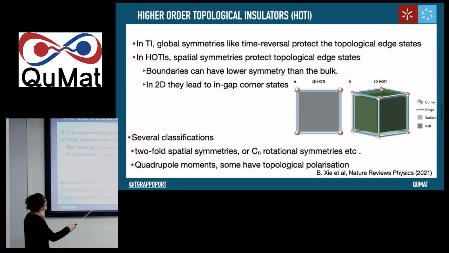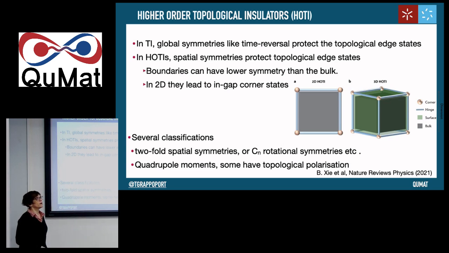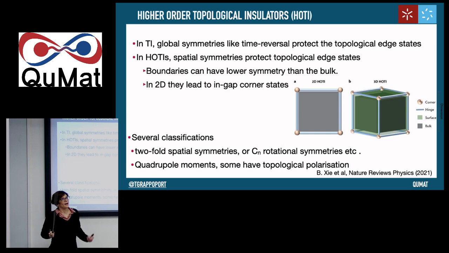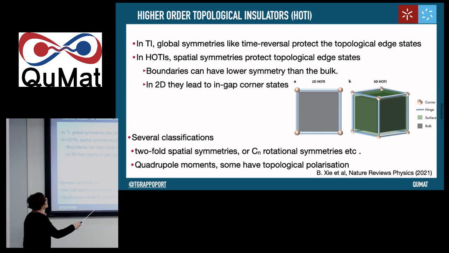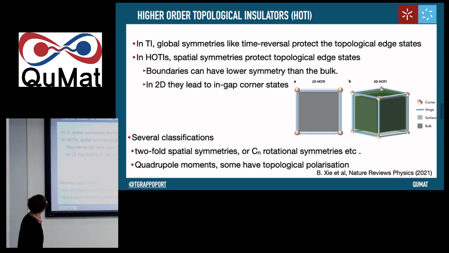So a higher-order topological insulator is basically a crystalline topological insulator where in D minus one dimension, the boundary states are gapped, but in D minus n dimensions, you can have boundary states. So in the case of a 2D HOTI, the edge states are gapped, but you can have corner states inside the gap.